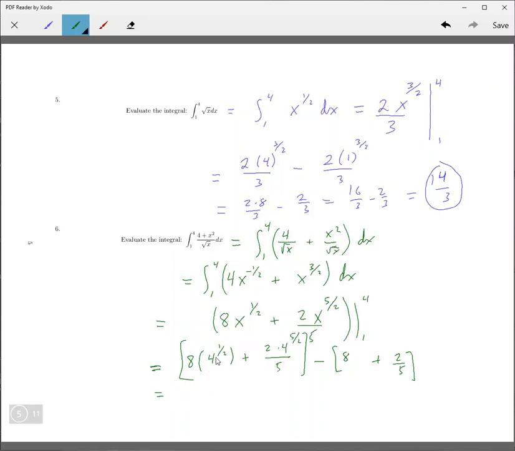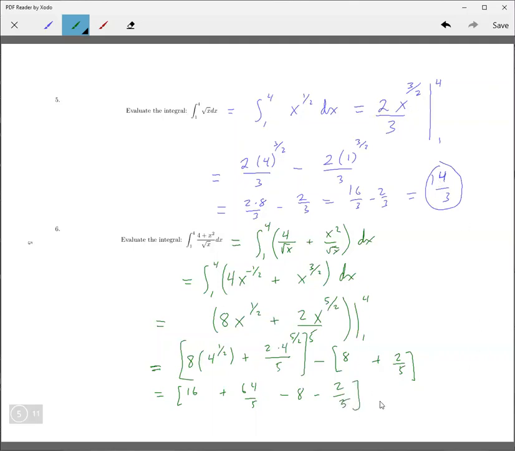Okay, now let's see. 4 to the 1/2 is 2. 8 times 2 is 16. And then here, 4 to the 1/2 is 2, so 2 to the 5th is 32. 32 times 2 is 64. Then we have a minus 8 minus 2/5.